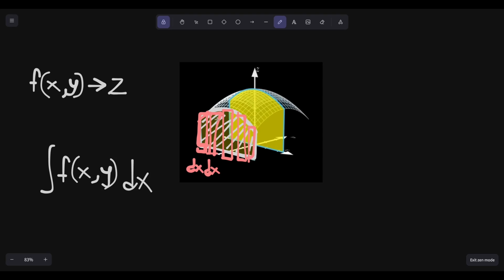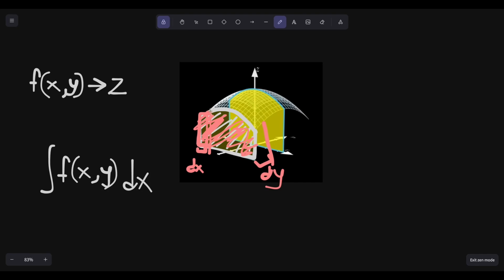And as I make more and more rectangles to approximate this area, I'm going to get more and more accurate. But in order to get the volume underneath this full surface, what I have to do is take this entire integral, this entire area underneath this surface, and multiply by dy, which is a tiny step in the y direction.